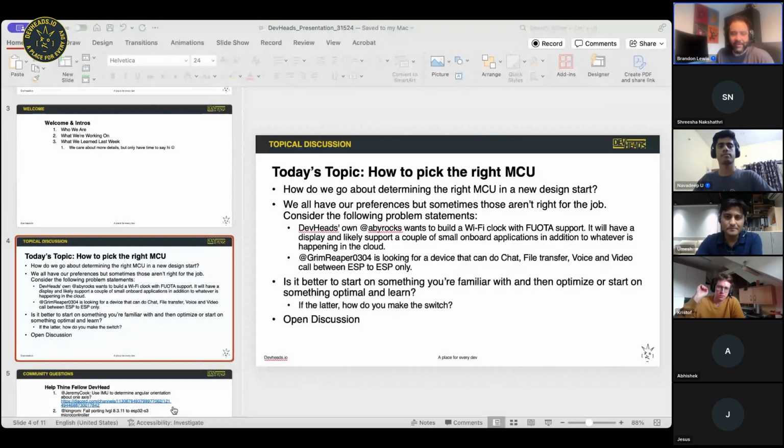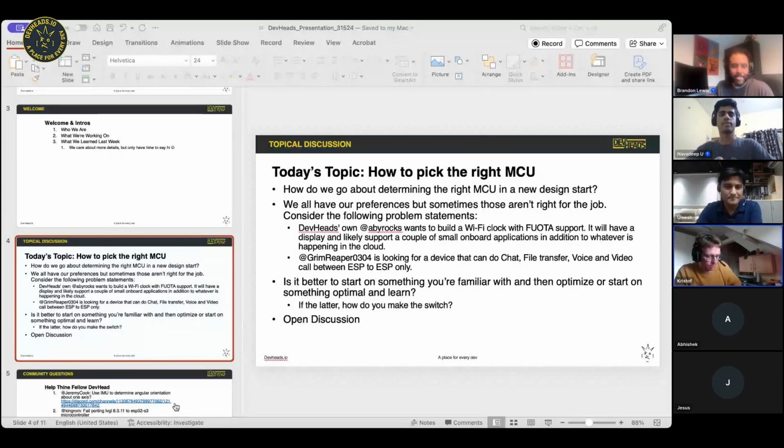Yeah, Christoph? Yeah. We did some research about this topic, how engineers select an MCU, because it's quite crucial to our whole business model.